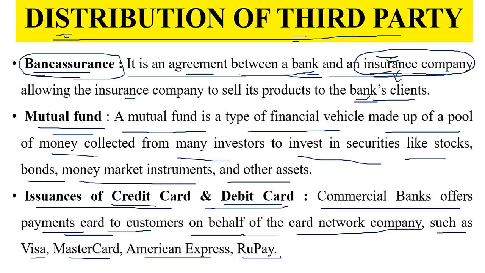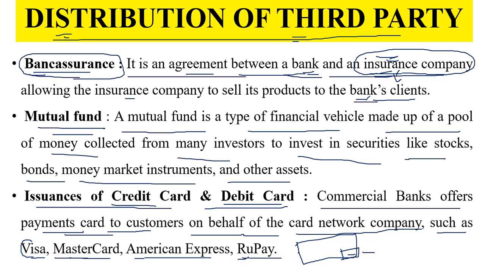Now if you have a credit card or debit card, on the card, in the small box, you can see Visa is written, or MasterCard, American Express or RuPay.